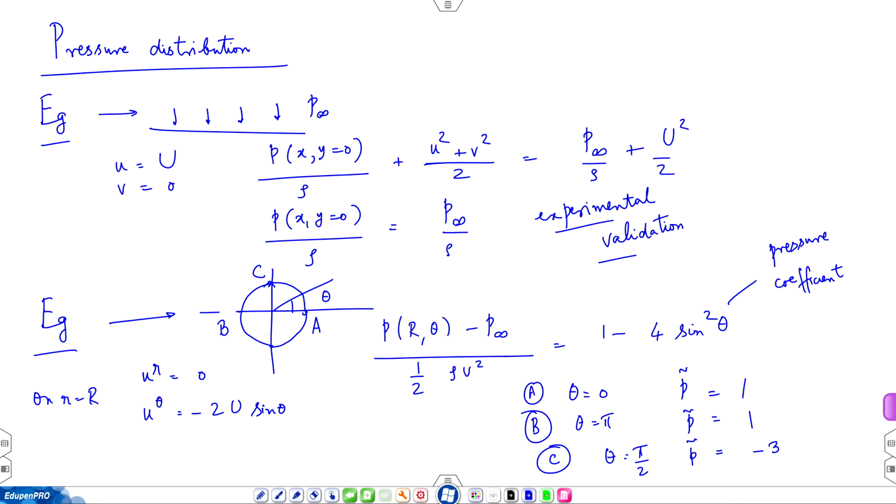CD is the symbol for drag coefficient. For lift, the lift coefficient is CL. So, what should be the symbol for pressure coefficient? Cp, right? There is no surprise over there. So, Cp, and this Cp is a function of theta.